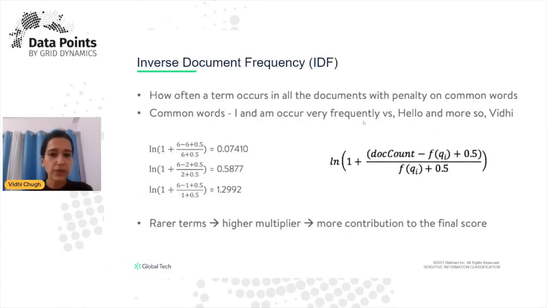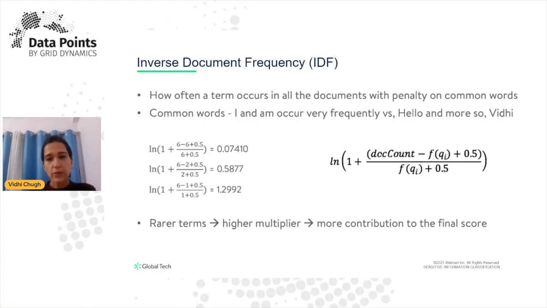So if they appear very frequently, let's take an example. This is the formula for inverse document frequency, IDF, where doc count is the number of documents containing the term. So for example, we have in our corpus a total of 6 documents, and how many of those documents have the term that I'm looking for. In the case of "I" and "am", it is such a common word that it is appearing across all 6 documents, right?